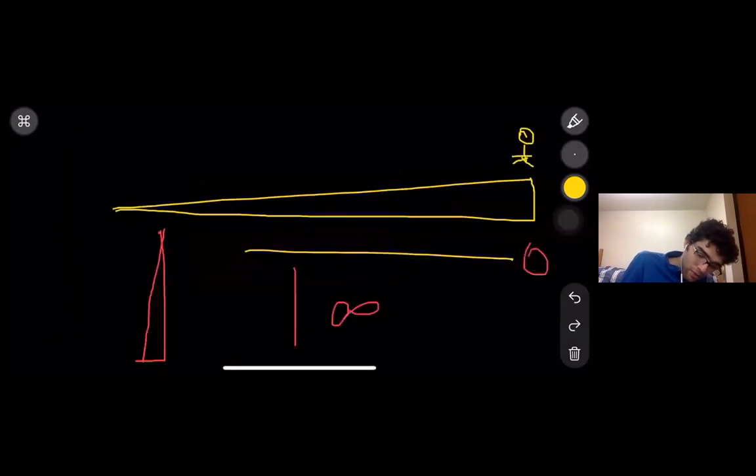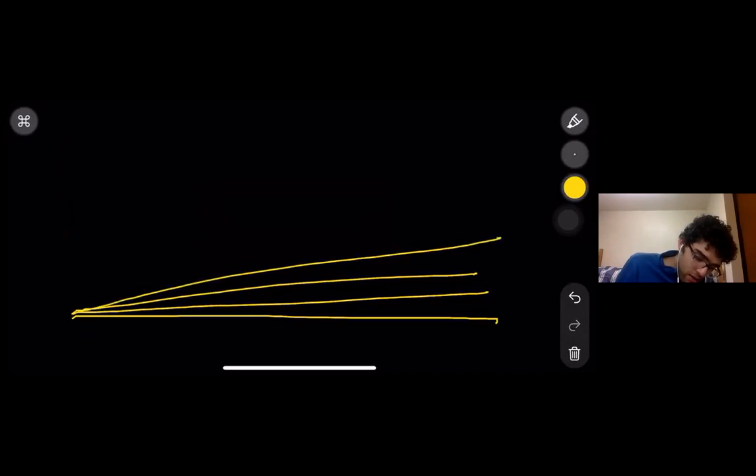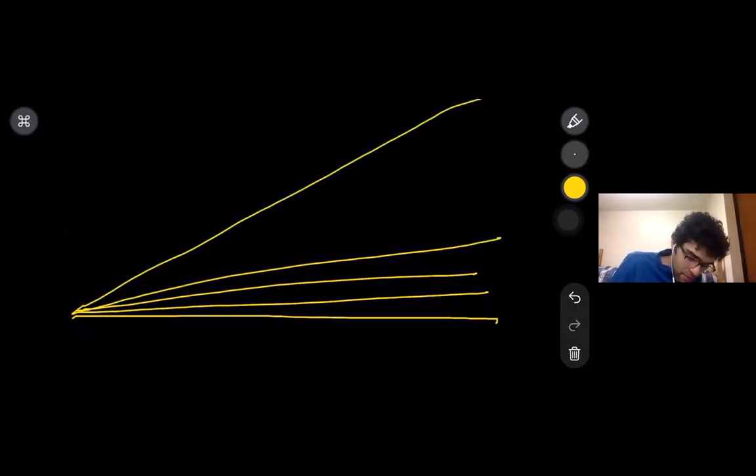No. If I start off here, let's start off here. Okay. This slope is 0. Gradually it keeps increasing. The line which we define to have slope 1 is this line.